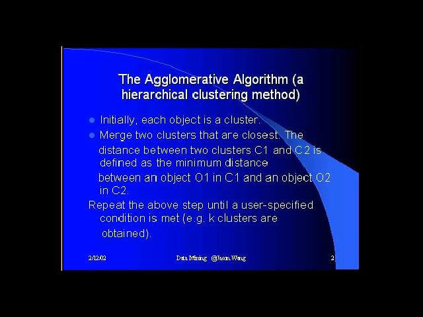Then how to calculate the distance between objects? As I said the last time, that's another big research topic. Suppose these objects are points in Euclidean space, then the distance could be just Euclidean distance. But if the object is a graph, then how to calculate the distance between 2 graphs is a research area. Once again, if you are interested, you can look at my paper on my webpage.